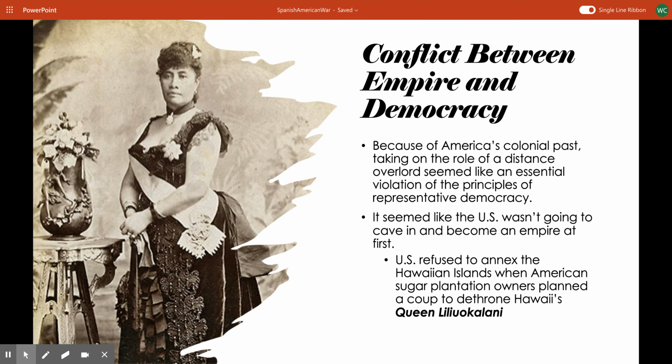And the United States actually refused to cooperate with the American sugar plantation owners at first. They refused to engage in this scheme. But we're going to take a look at whether this really lasts. Does the United States manage to resist the temptations of becoming an empire?